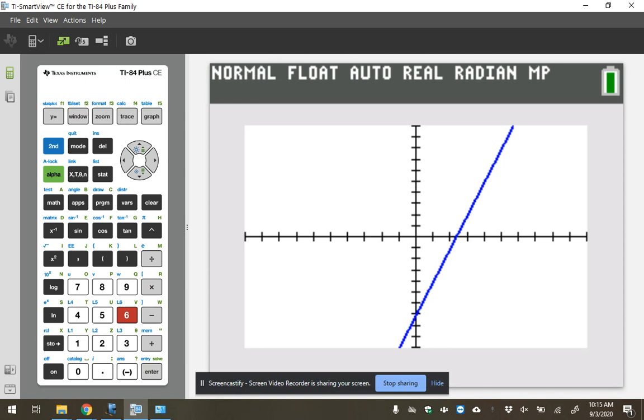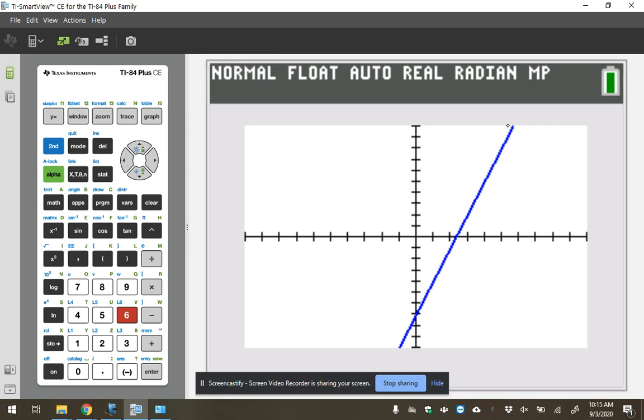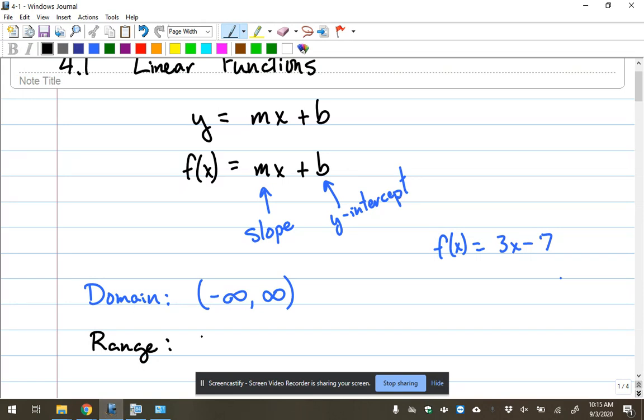What y values does the blue line use? Doesn't use just -7. Uses all of them. Okay? Y values. This graph continues forever going up, forever going to the south. So that is all real numbers again.